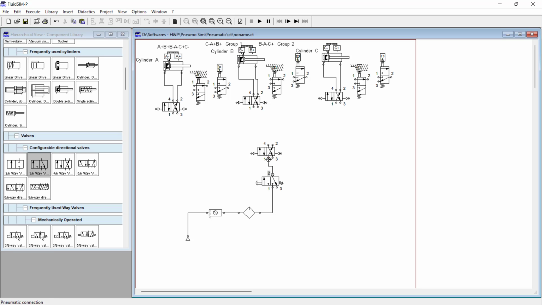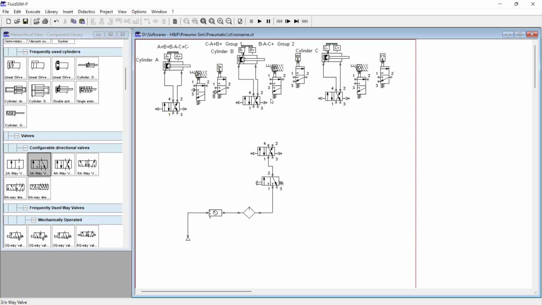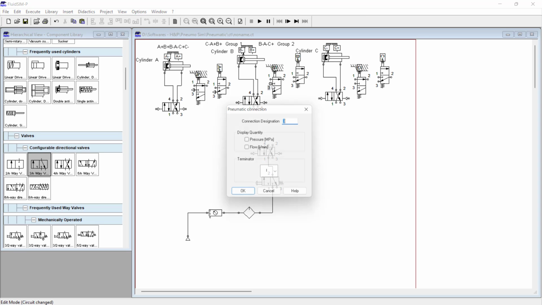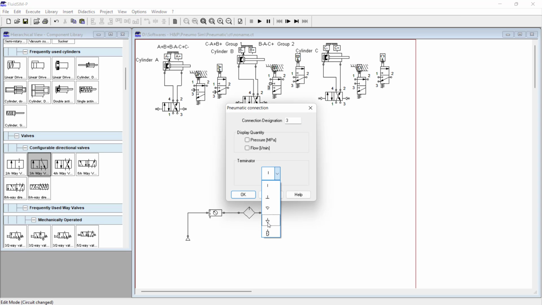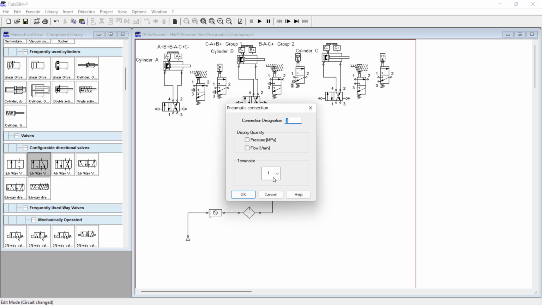And here we keep connecting the resources, and we will set the vent for each and every limit switch and direction control valve. I choose external vent.